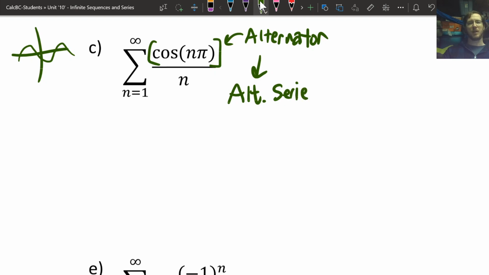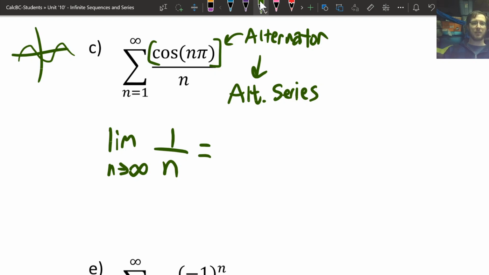So let's give our AST another shot. Third time's a charm. We're going to take the limit as n approaches infinity of the rest of our function. So nothing left in the numerator, just a factor of 1, and n in the denominator. As that denominator grows without bound, the value of that whole piece goes to 0.